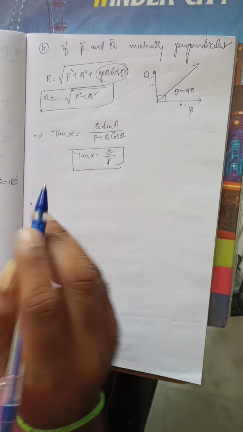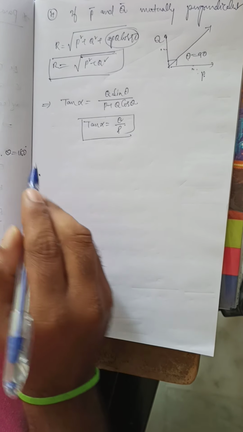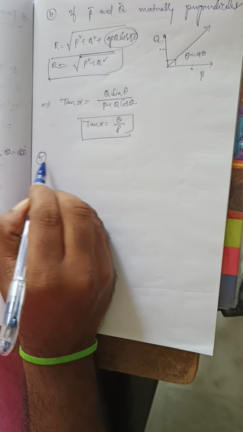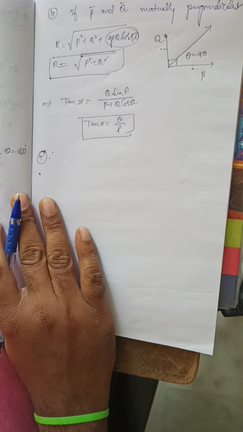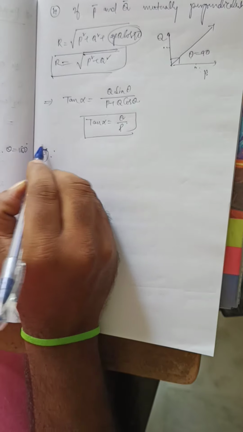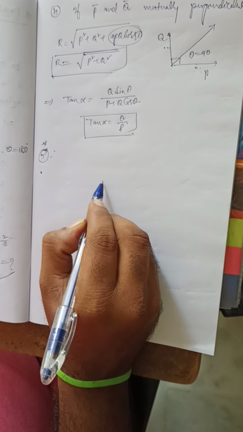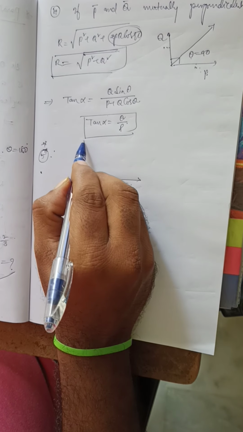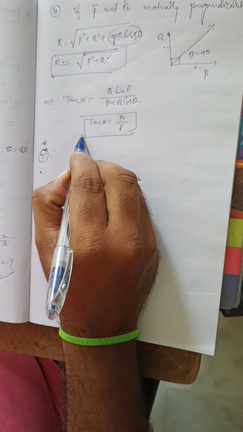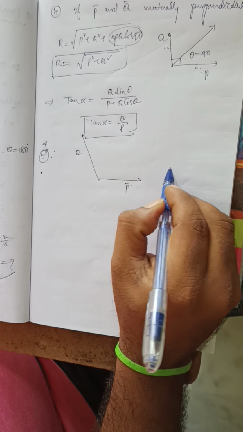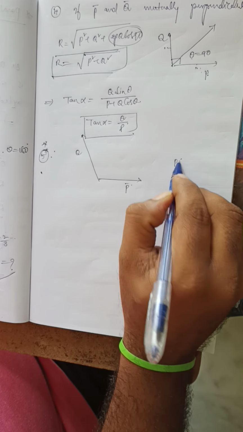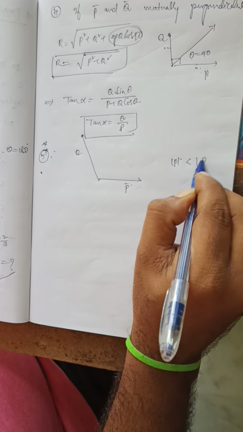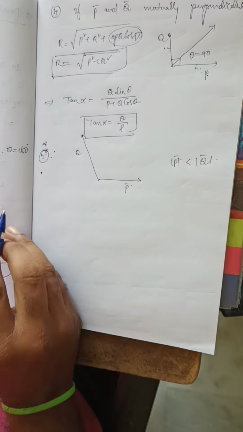So like that. And one more thing, fifth one, this is the very important one. Here p bar is one vector and this will be the q bar vector. Here p bar vector magnitude is lesser than the magnitude of q bar vector.